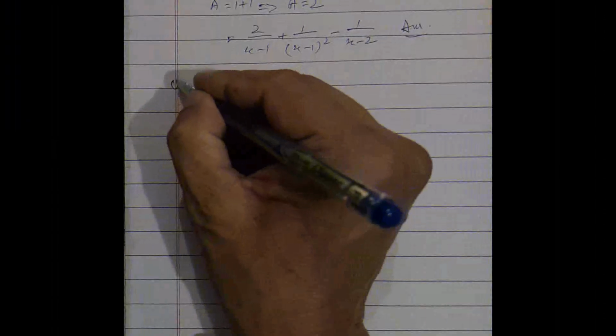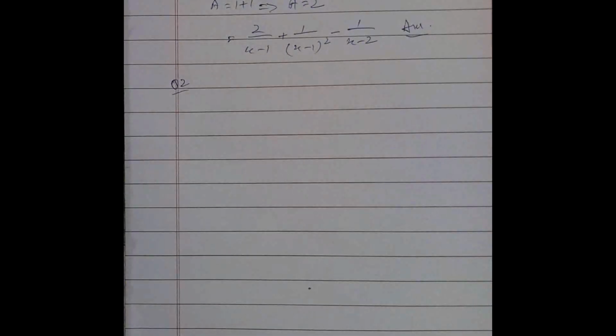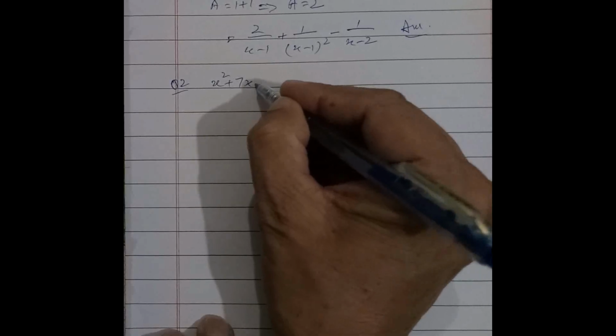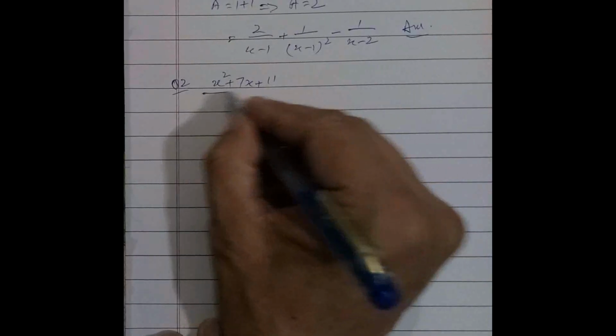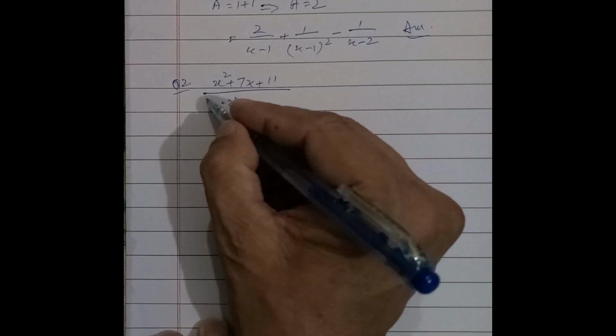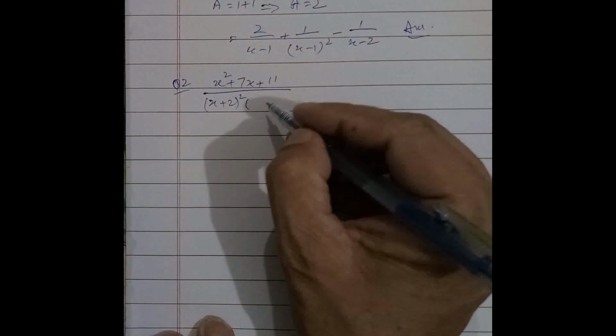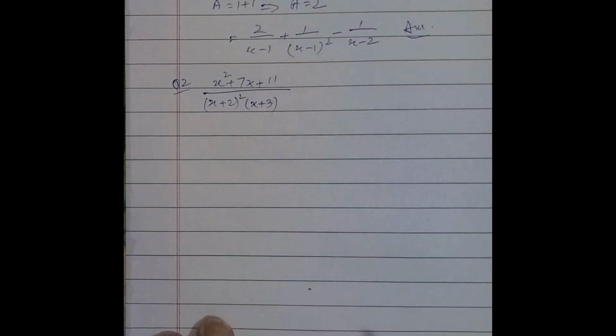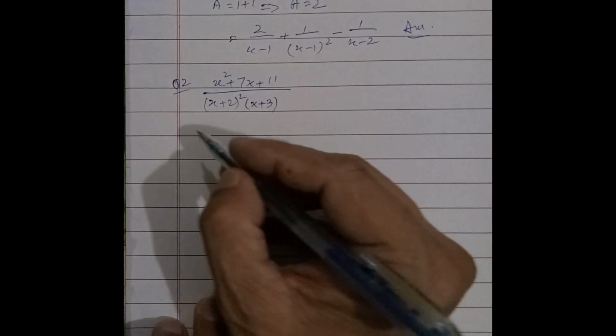Question 2, which is x square plus 7x plus 11 over x plus 2 whole square into x plus 3. We change into partial fractions.